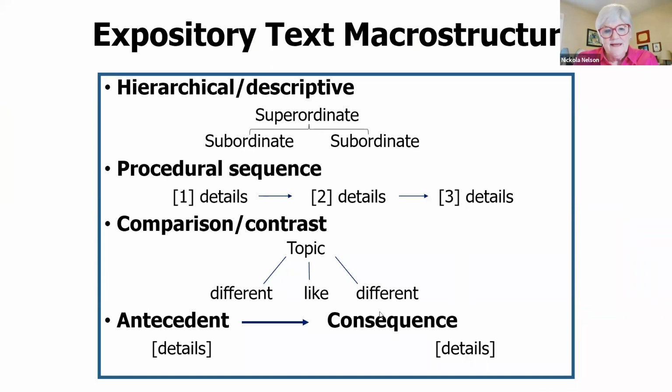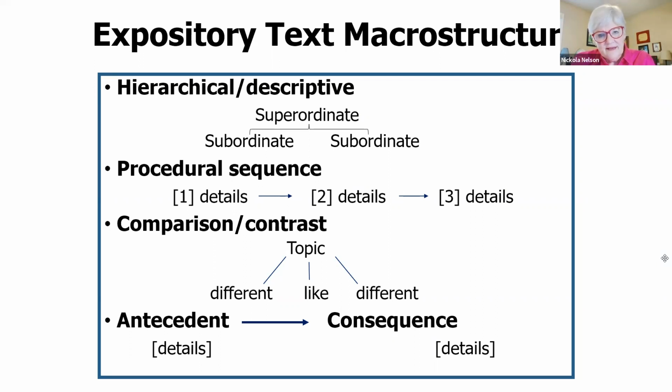The expository text macro structure can take a number of forms. And one of the ways that students can develop their computer literacy skills is to map out the type of structure that they're seeing in a text. So a lot of scientific texts have this sort of hierarchical, superordinate, subordinate kind of structure.